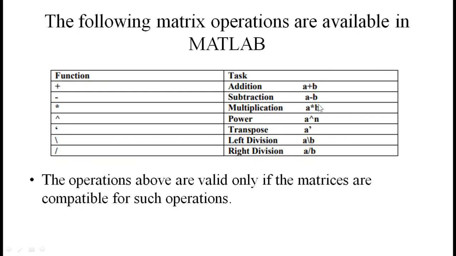We can add them, we can subtract them, we can multiply them, we can take the power of that matrix, right? We can have a division. But these above listed operations are possible only if the matrices are compatible for such operation. Their number of rows and columns should match for the operation. Then only we will have the results. Otherwise, we can have errors.